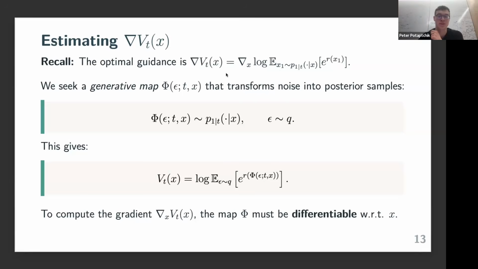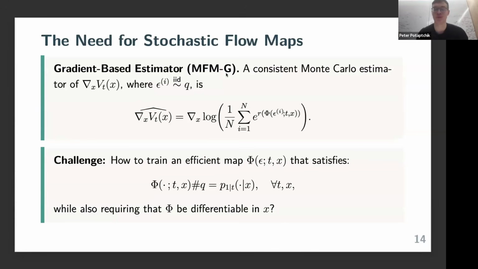All right, perfect. So just to repeat what was said, if we do have such a map phi, how can we get consistent Monte Carlo estimators of the gradient of the value function? We're just going to sample a batch of noise samples from Q, from our Gaussian distribution. We push them forward in one step with our map phi to get samples from these posterior distributions.